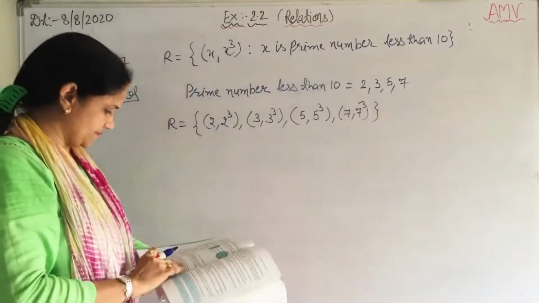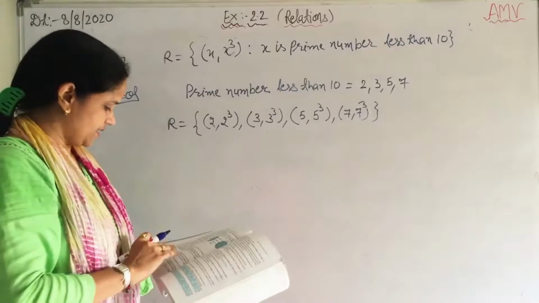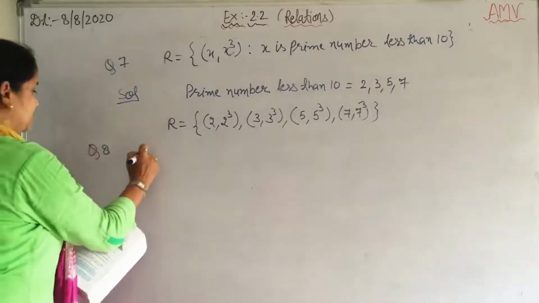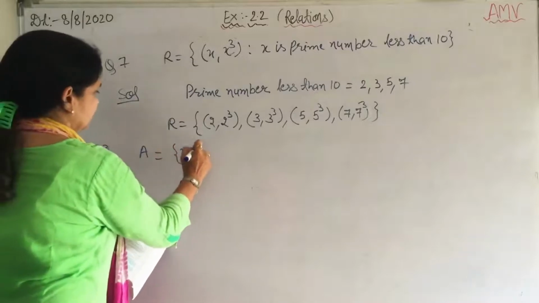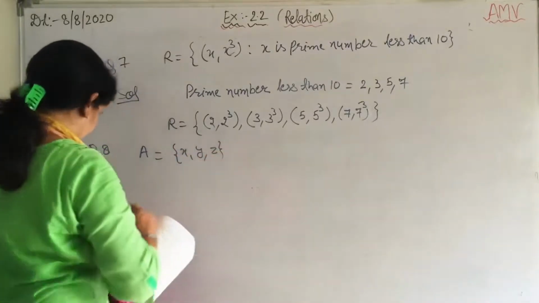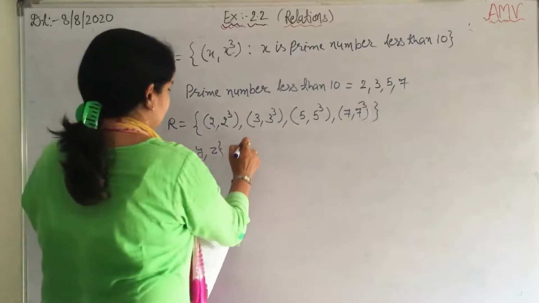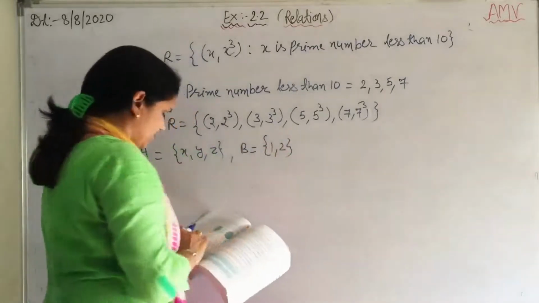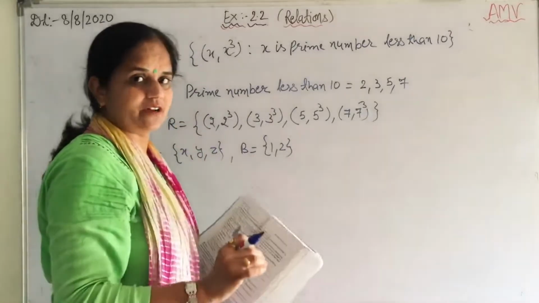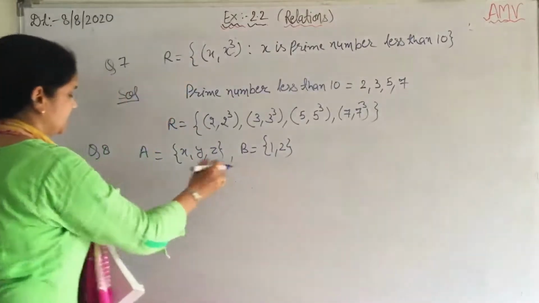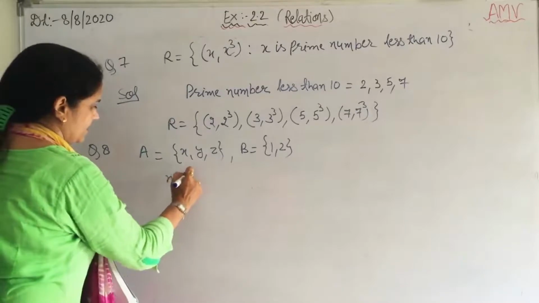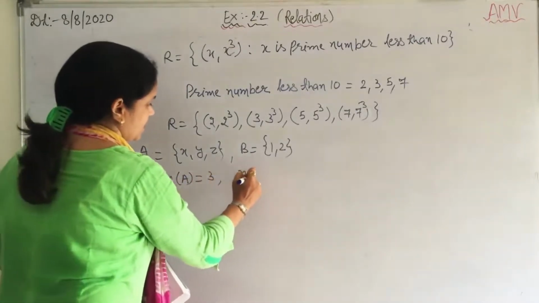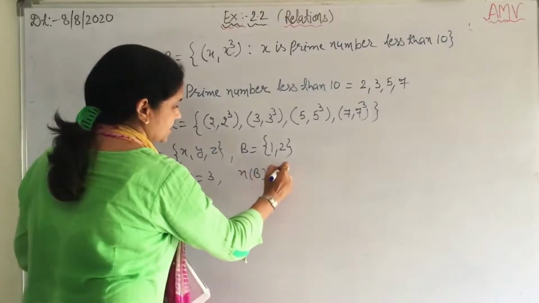Next question, question number 8. Here set A is given as x, y and z, and B is given as 1, 2. Find the number of relations from A to B. See here, n(A) is 3 and n(B) is 2.